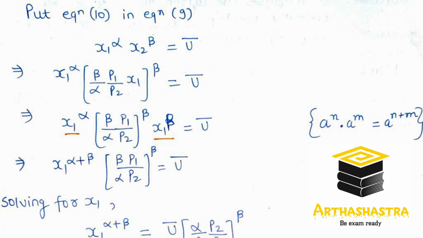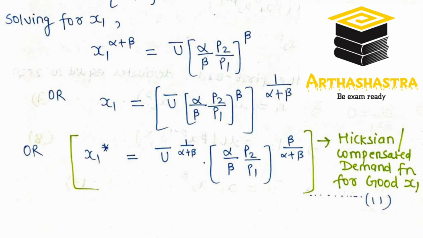Now solving for x1 we get x1 raised to the power alpha plus beta. Taking the constant term to the RHS, we get its reciprocal. We get u bar over alpha by beta p2 times p1, whole raised to the power beta. Now we wish to remove the power from x1, so we will raise both LHS and RHS to the power 1 over alpha plus beta.